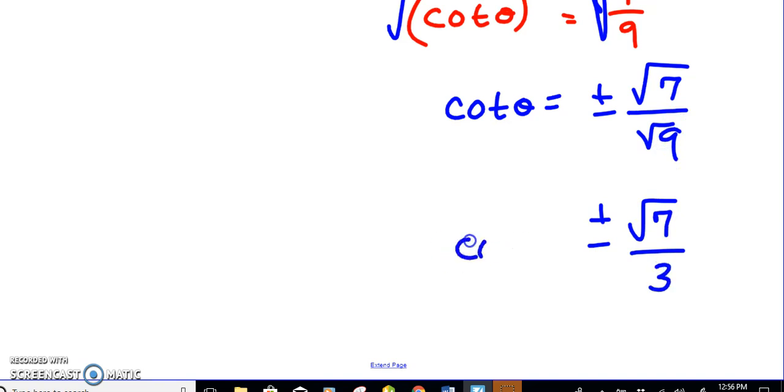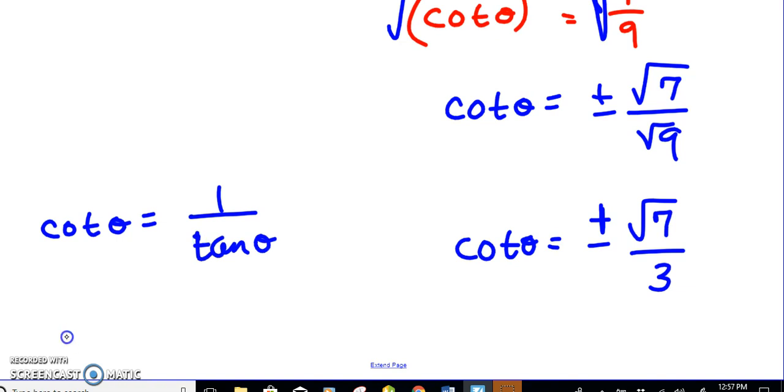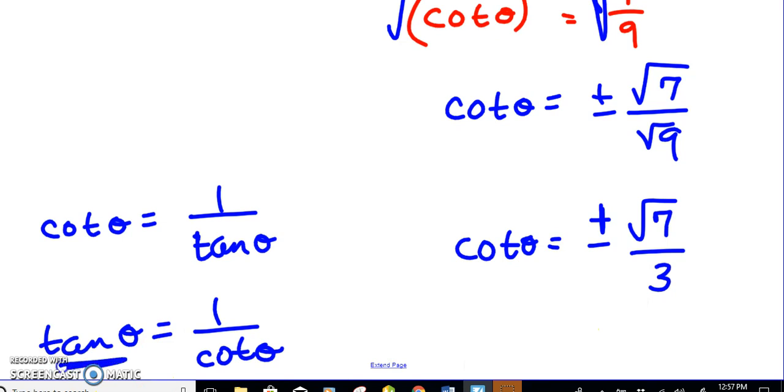That's cotangent. And if we're trying to find tangent, we just have to rotate it, flip it. This is one of our reciprocal identities. We can use that to find tangent, because that's our whole goal for this problem is to get tangent.